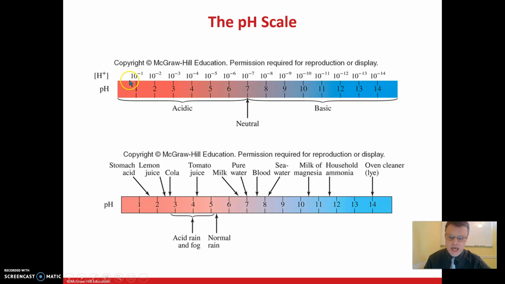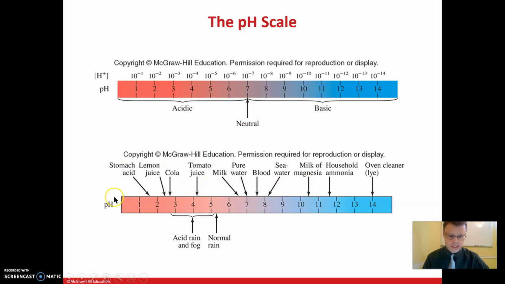Again, the negative log of the concentration of the H plus ions equals pH. So if we were to take the negative log of 10 to the negative 6th power, that would equal 6. You can see acidic solutions are those that have a pH less than 7, and basic solutions are those that have a pH greater than 7.